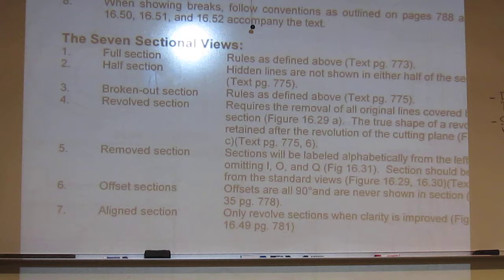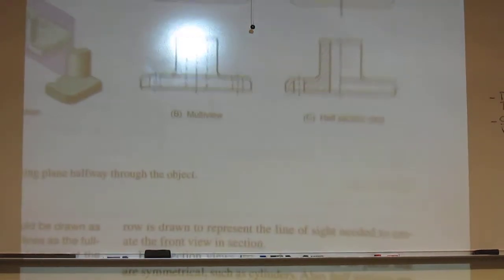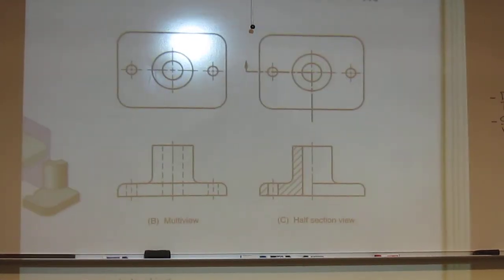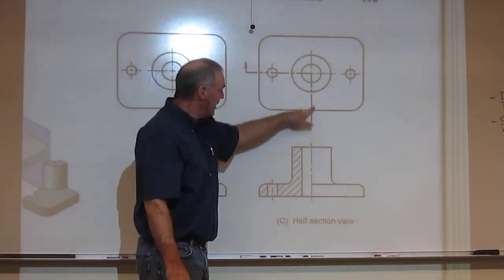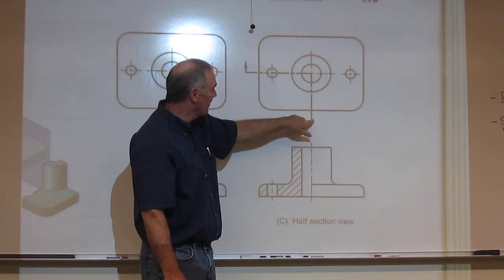Half section? Know about this one. Okay, this is kind of a different section. In fact, let's pull it up on the screen. Shown on page 775. When we do a half section, we have one arrow. Notice the cutting plane kind of is changed here. It comes through here, no arrow on this side.